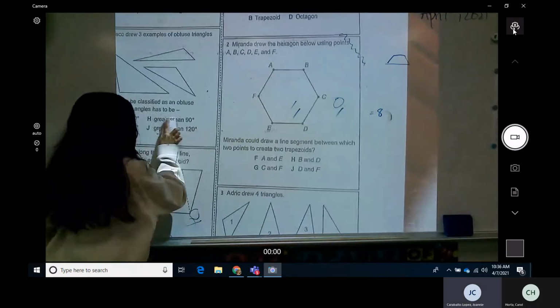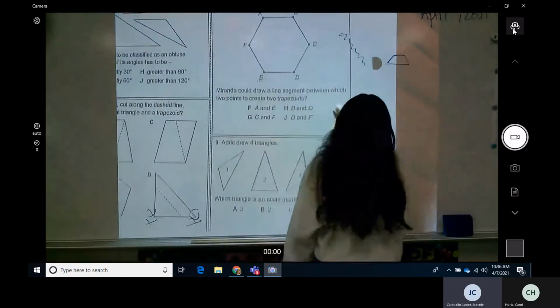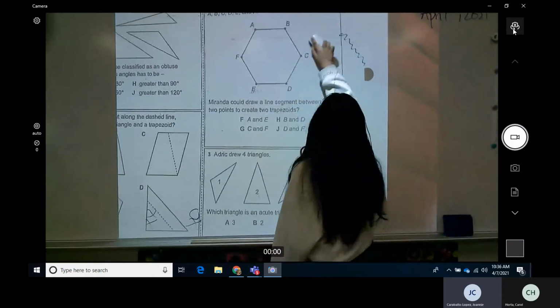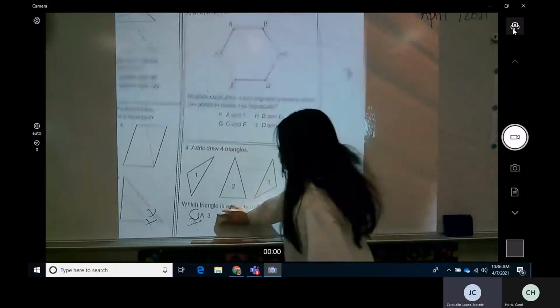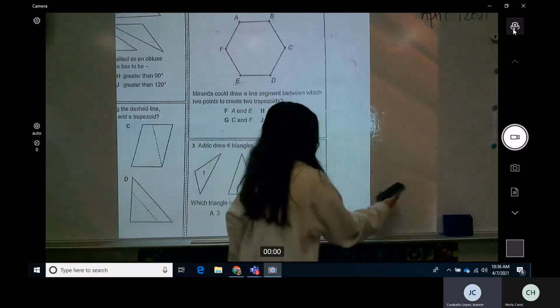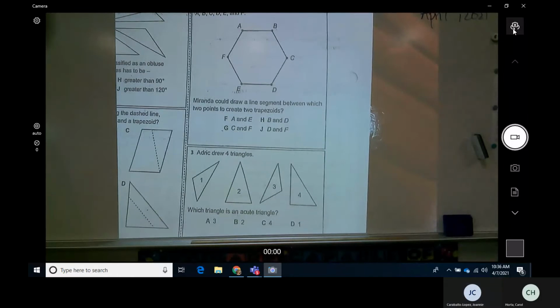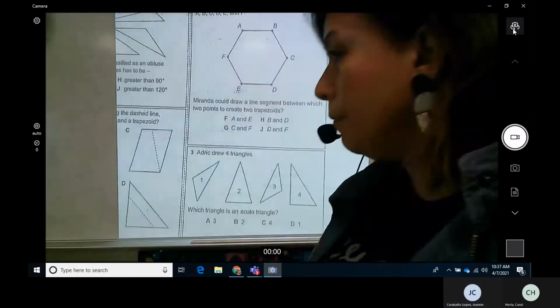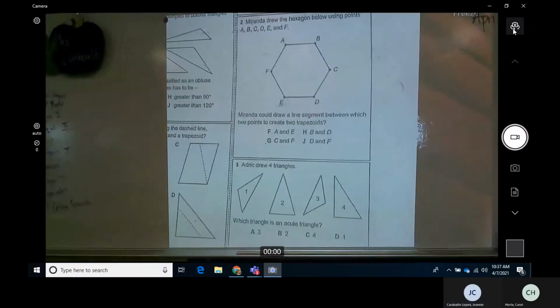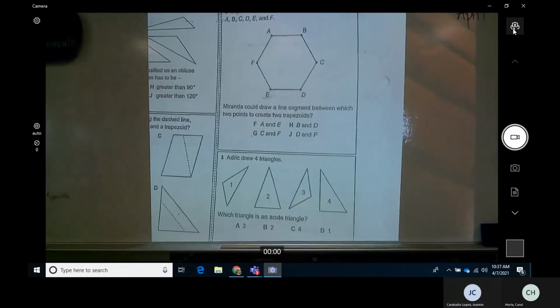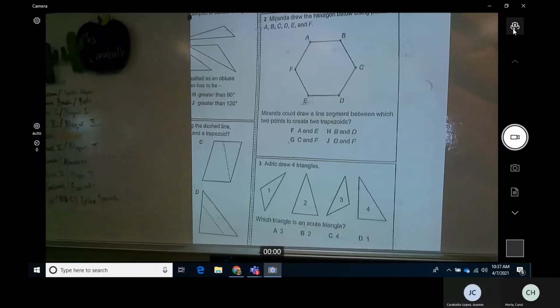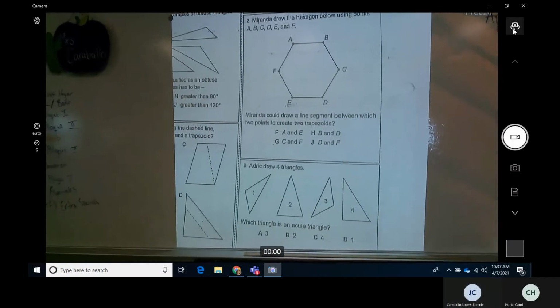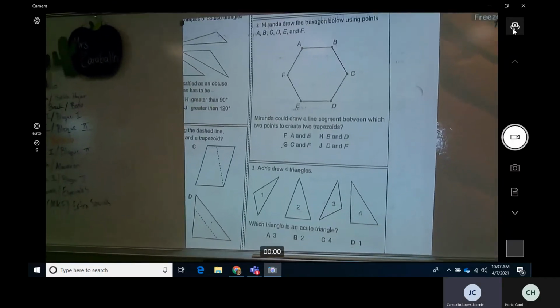All right, and then we're working on these 2 problems right here, okay? It says Miranda drew the hexagon below using points A, B, C, D, E, and F, okay?